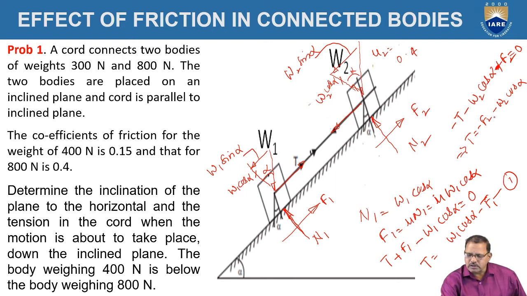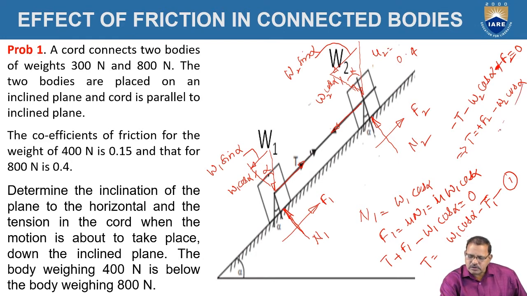By using this relation, we get T is equal to F2 minus W2 sin alpha. This is equation 2.